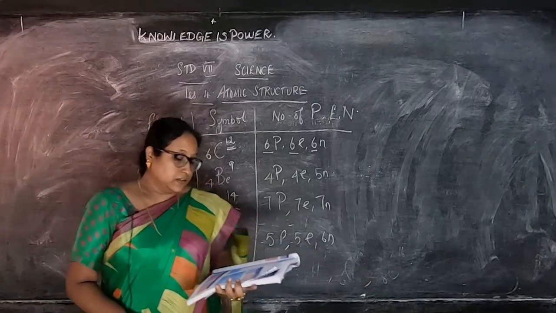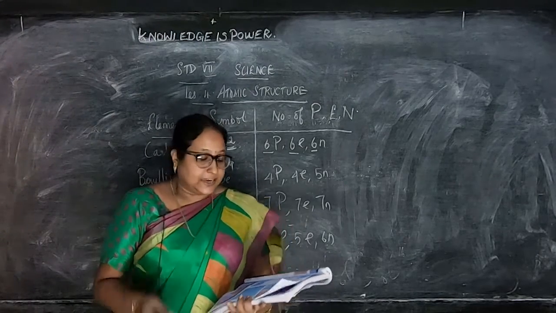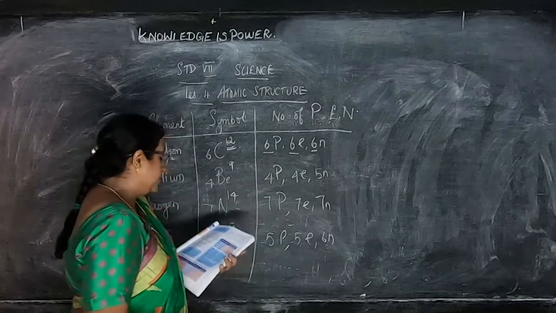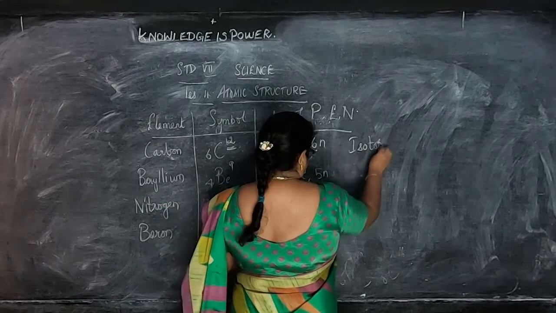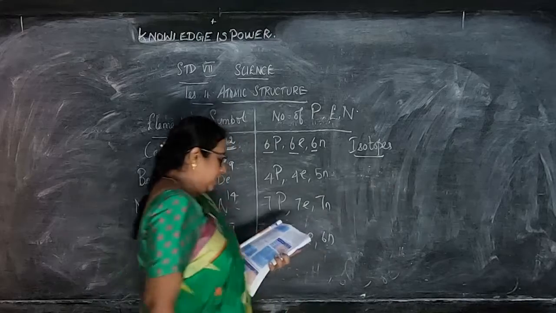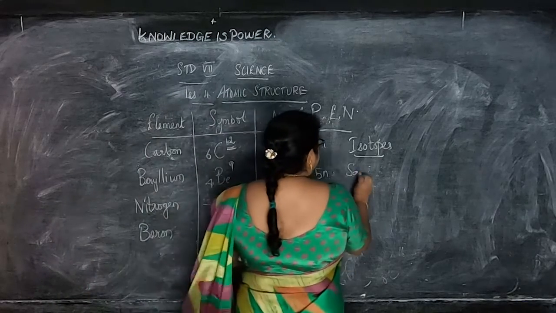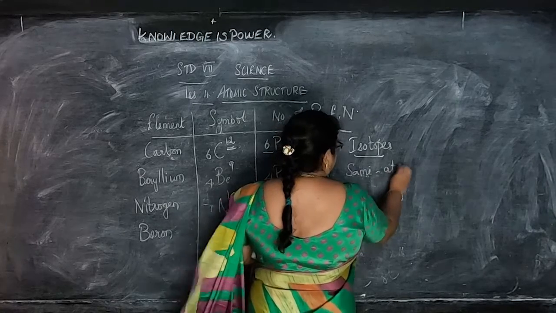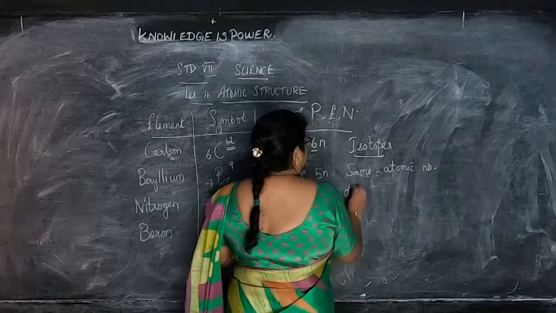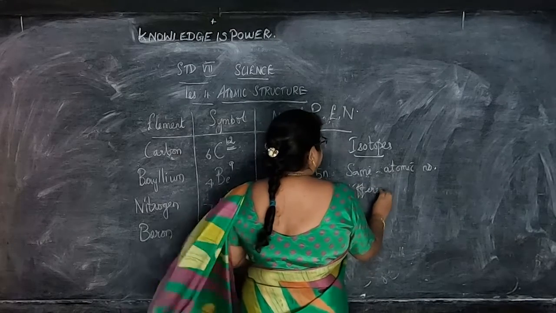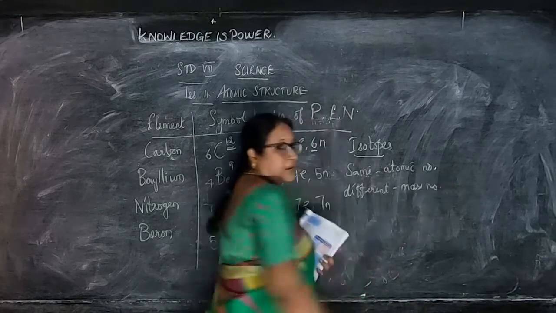Next are isotopes: atoms of an element can have different numbers of neutrons. They have the same atomic number but different mass numbers, for the isotopes, right?